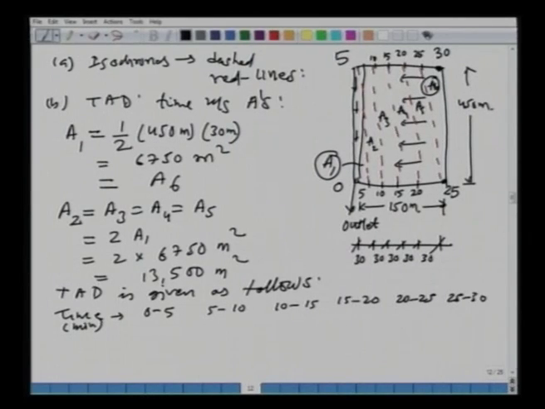These are the intervals, and then your interisochronal areas in square meters.